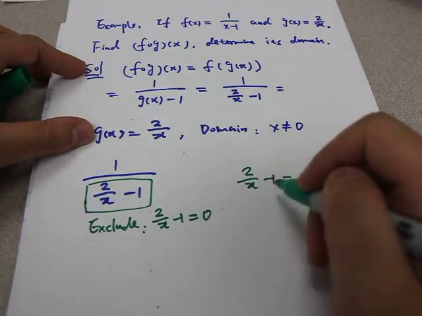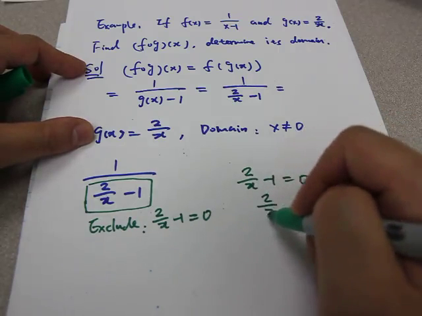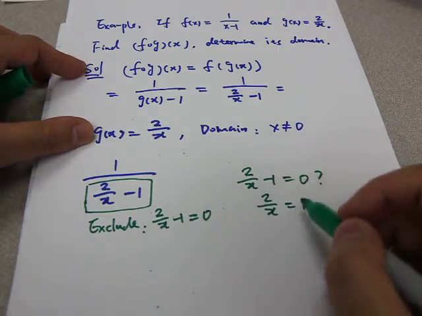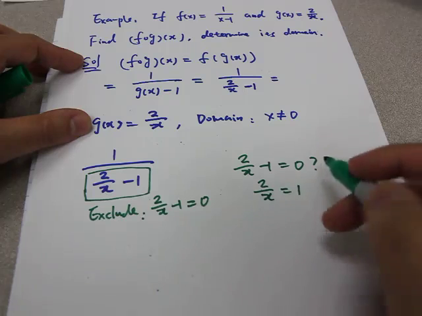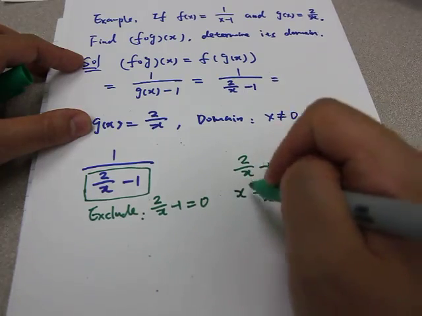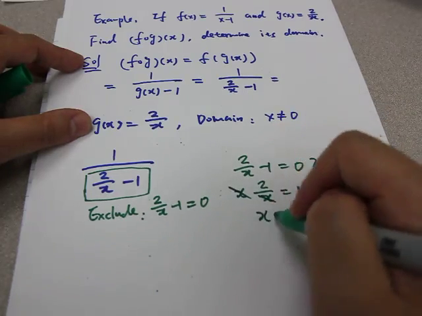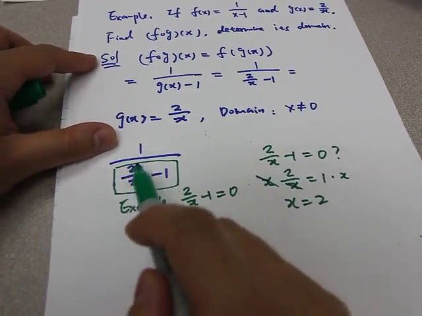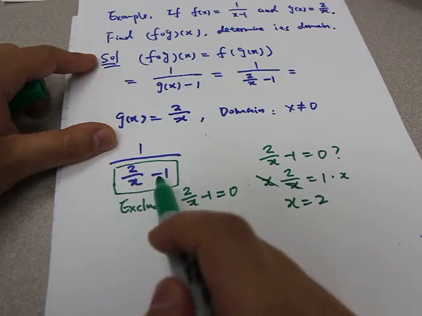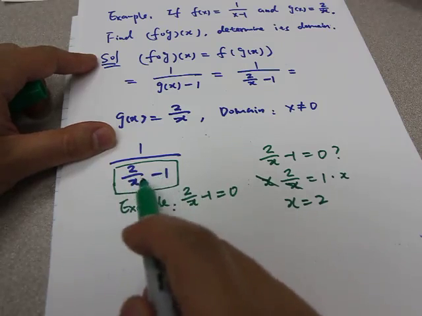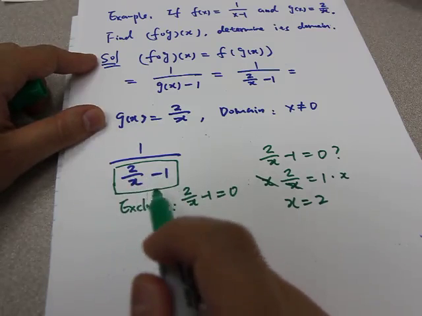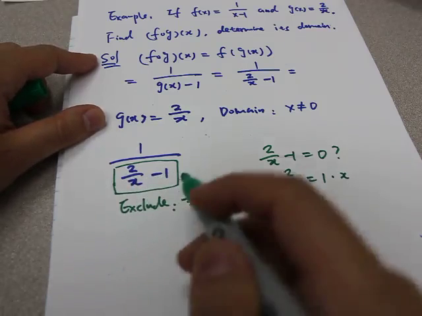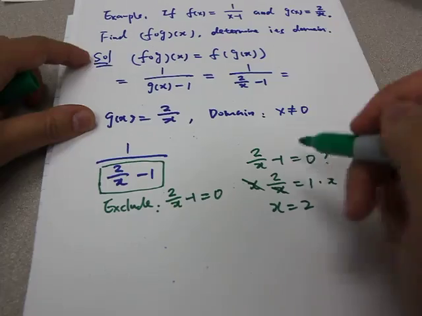So 2 over x minus 1 equals 0. That means 2 over x equals 1. If we multiply both sides by x, we can find the solution x equals 2. So when x equals 2, 2 over 2 minus 1 will be 0. So here the number we need to exclude is 2.